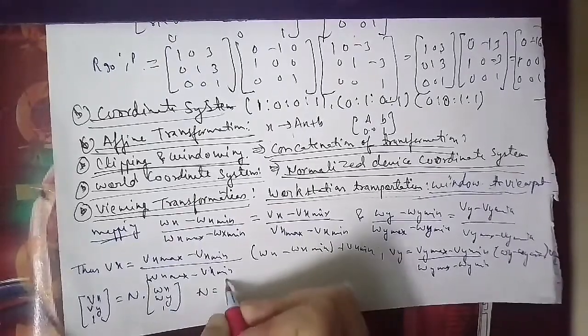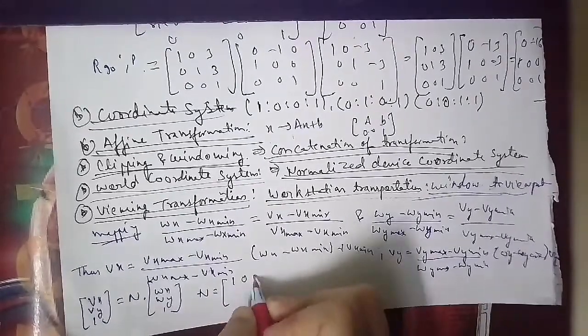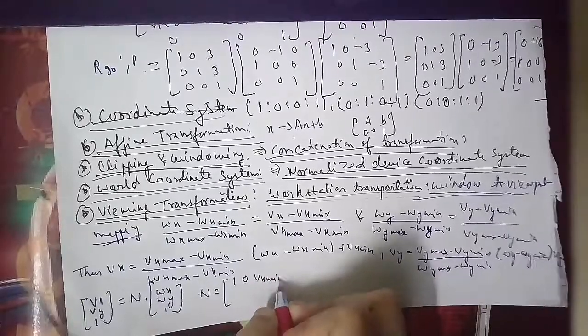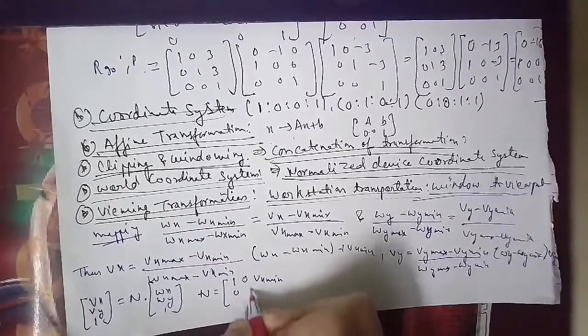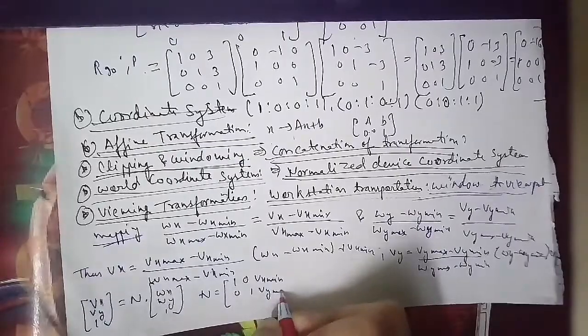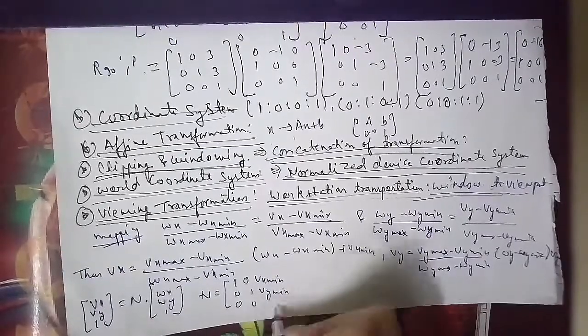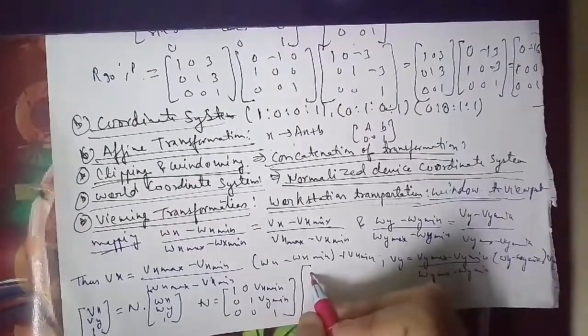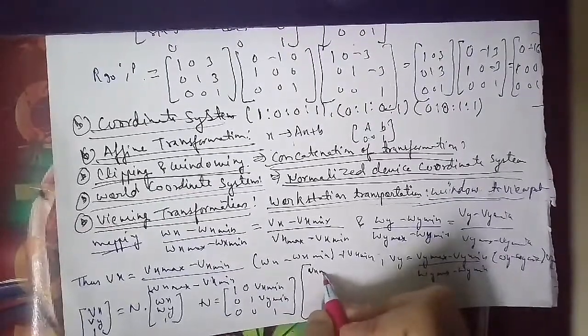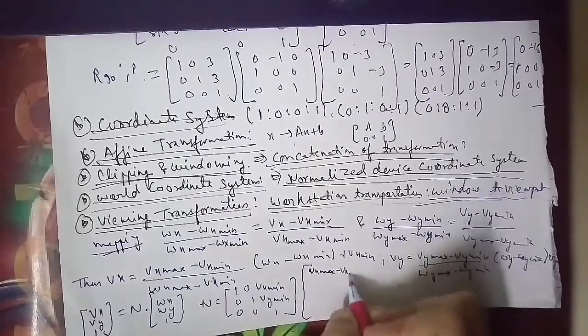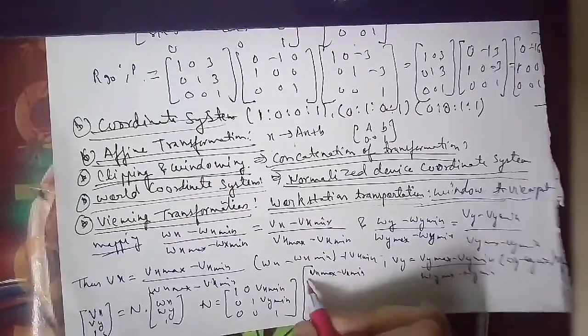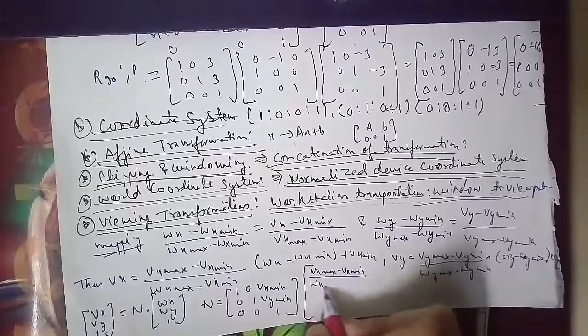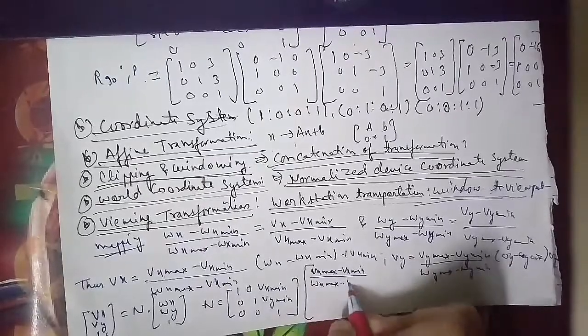After this we calculate the other matrix: 1 0 minus Wx min, 0 1 minus Wy min, and 0 0 1. This is what we'll find, and after that we'll find Sx, Sy and then the coordinates of n.